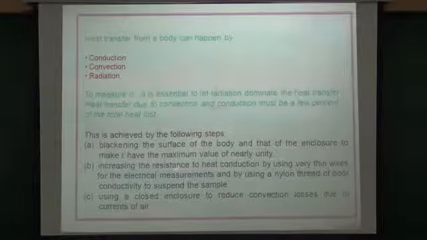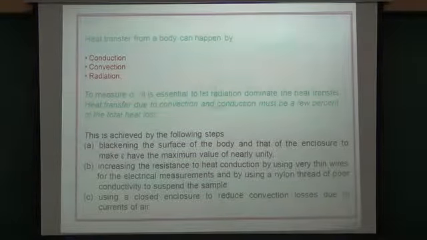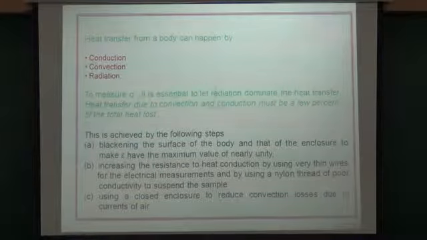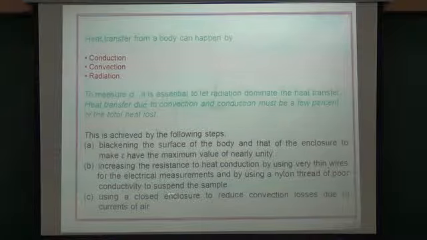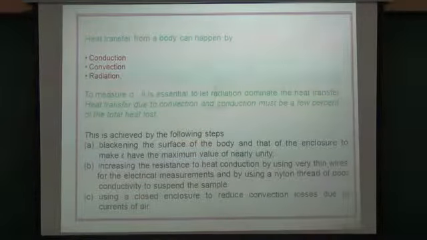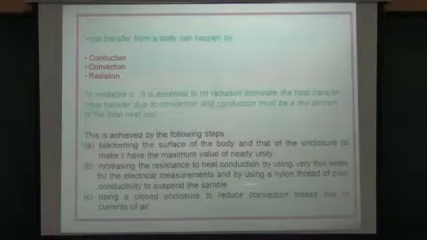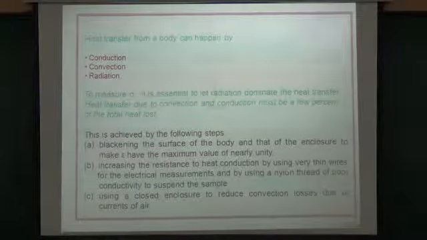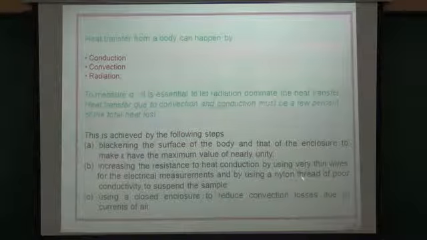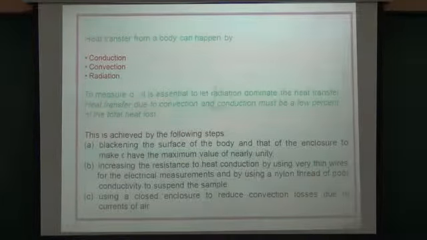Okay, we are using thin wire. Thin wires will have larger resistance. R is equal to rho into L over A. So lesser the thickness, more will be the resistance, and we use a nylon thread, not metallic thread, because with a metallic thread the heat will be lost by conduction. So we are hanging the whole system. We will show you.